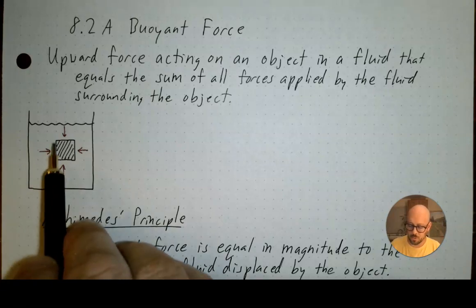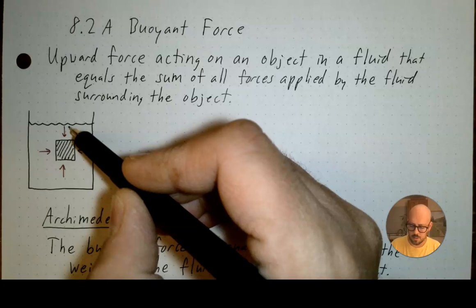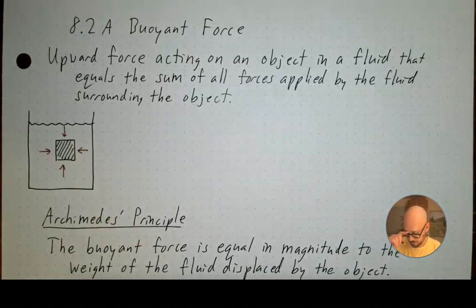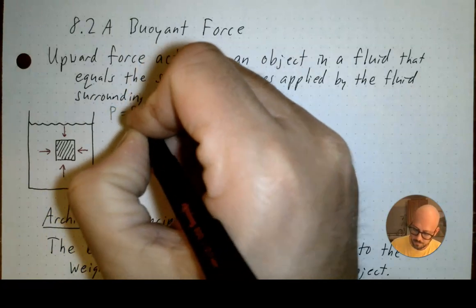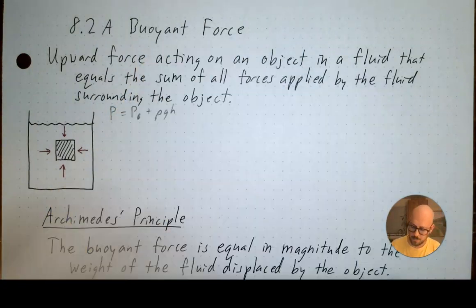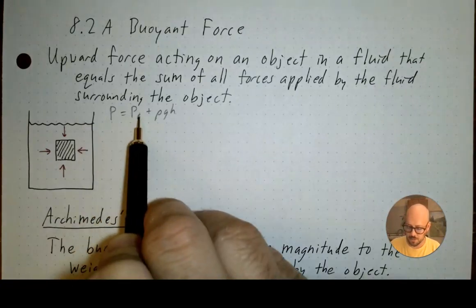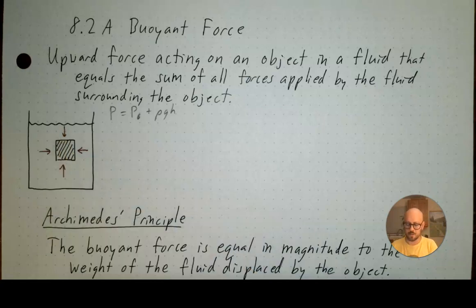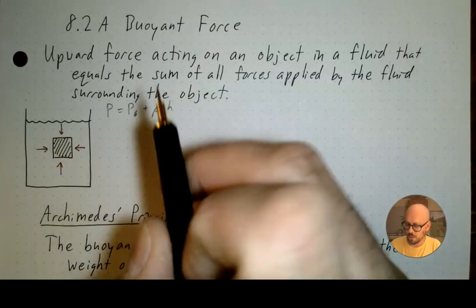Now, what we learned in 8.1 is that the pressure in a fluid increases with depth, right? So we have this equation that helps us describe the absolute pressure of something based on the pressure at the top and then the pressure difference as you go down.